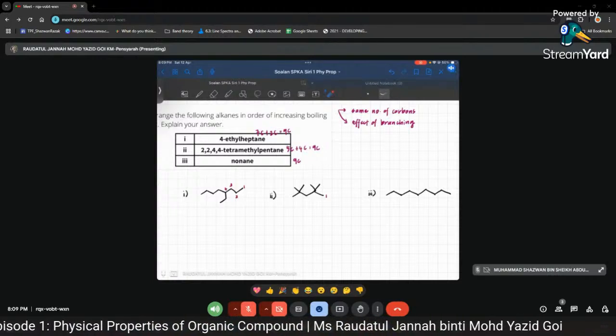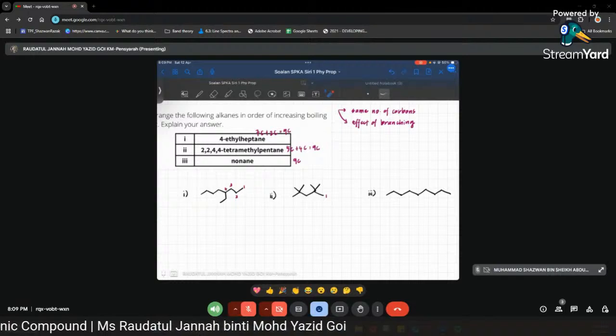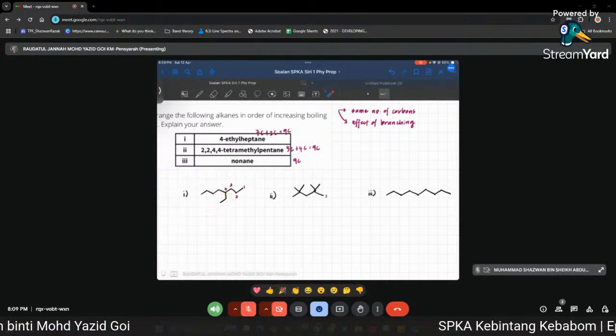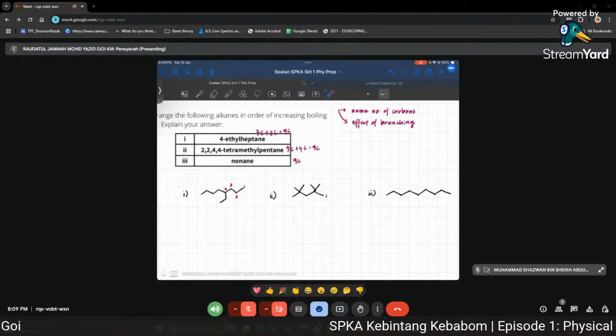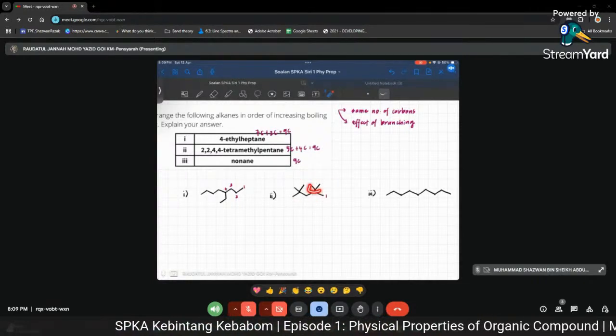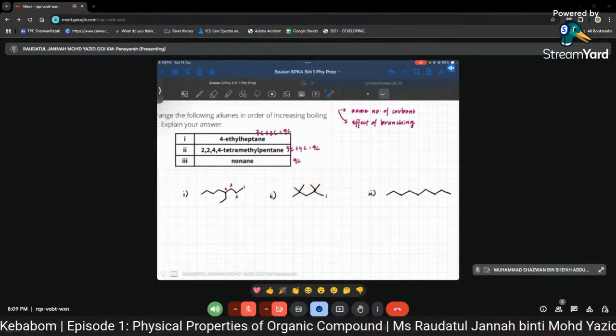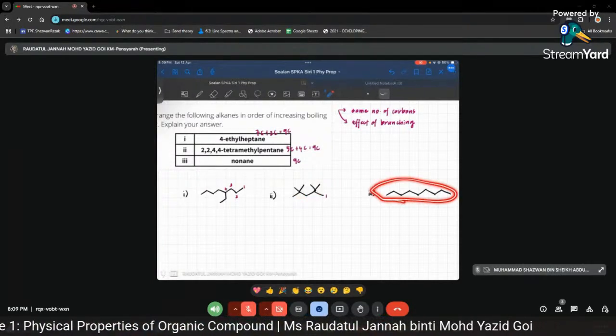Okay, so untuk 4-ethylheptane kat sini, kita ada 7 straight chain and then kita ada 1 branch kat sini. And then for 2,2,4,4-tetramethylpentane, kita ada substituents dekat carbon nombor 2 dan juga carbon nombor 4. And then for nonane, we have a long linear chain. Okay?